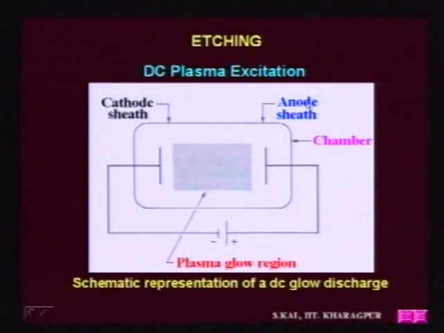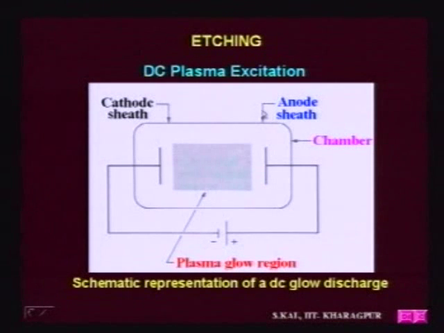Electrons will be accelerated much more compared to the ions because of the mobility difference, which comes from the difference in masses. So here there will not be any excitation, and you will have a dark space which is known as the cathode sheath.